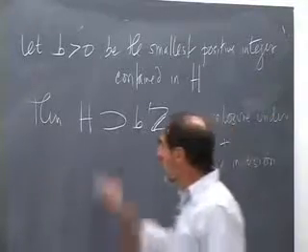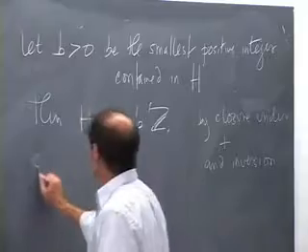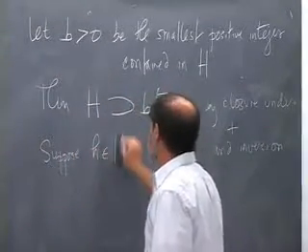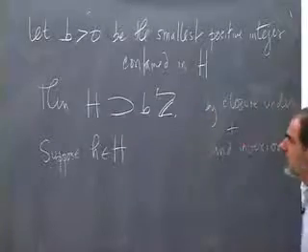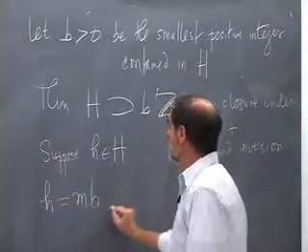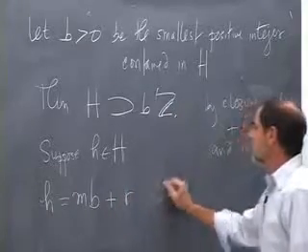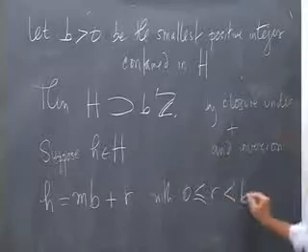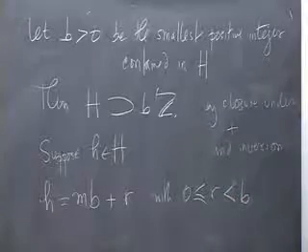Now suppose there was something else in H. Suppose h is in H. And write h as some multiple of B plus a remainder term, h = mB + r, with 0 less than or equal to r less than B. We can do that by the Euclidean algorithm.